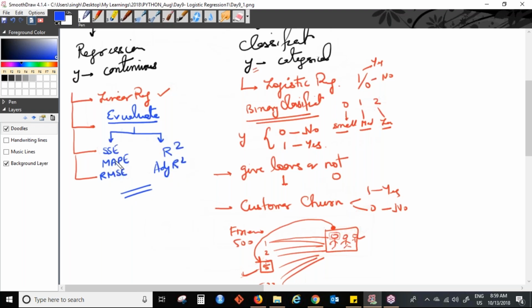Now, do you think these parameters will work in case of classification? What do you think? If they don't work, why wouldn't they work, or if they work, why would they work? Do you think we can use these parameters to evaluate a classification algorithm also? Okay, Amit says no, we cannot use these parameters to evaluate a classification algorithm.